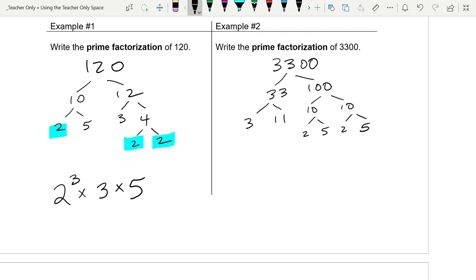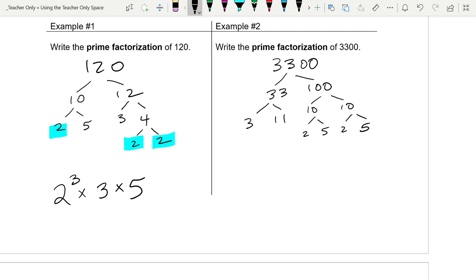So notice that I am always putting them from smallest to biggest. Yeah, but 10's not prime, so that's not a prime factor. I have to break it down to the simplest building blocks of the number, right? If you think of numbers like they're Lego, then prime numbers are the smallest pieces that you can put together to make bigger numbers. So I wouldn't say 3 times 11 times 10 squared for 2 reasons.